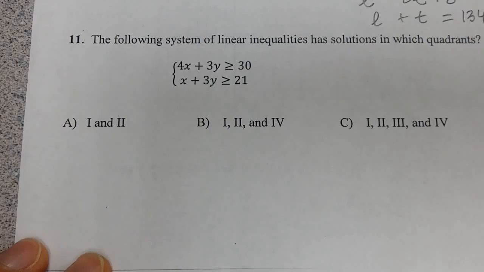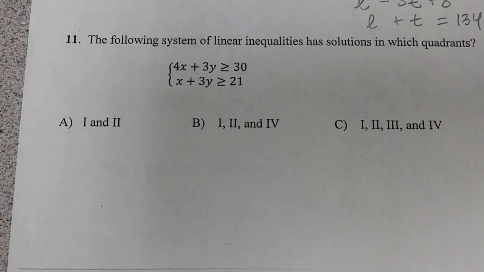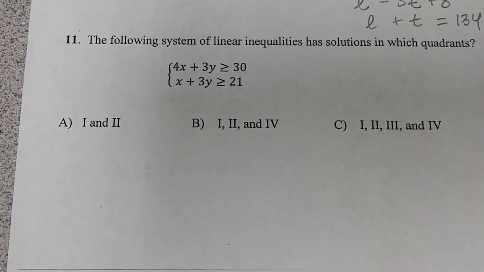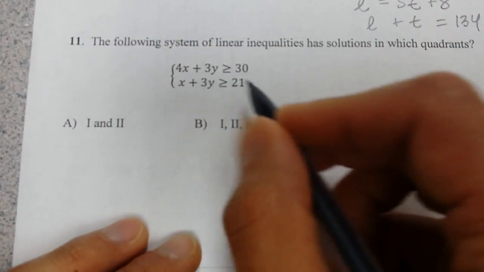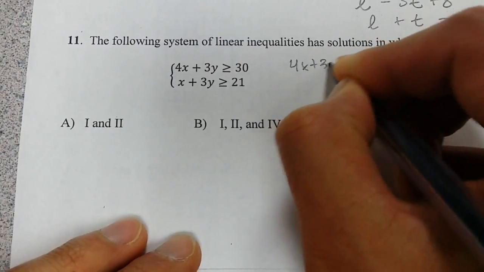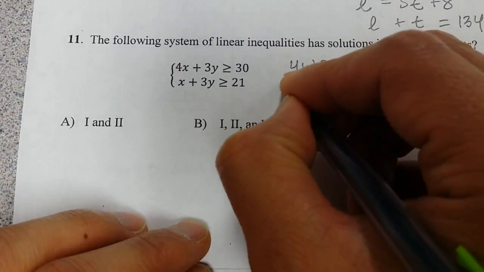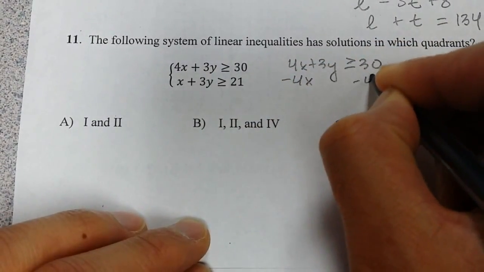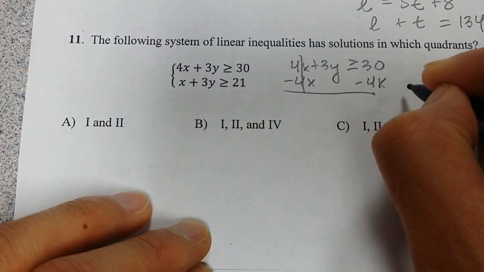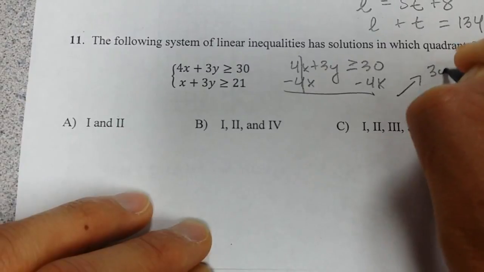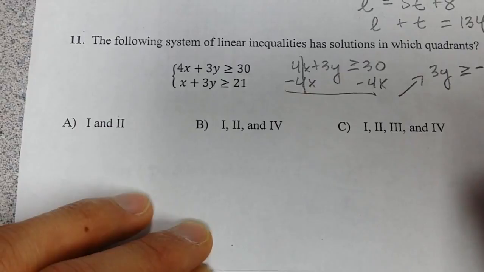All right, for number 11, the first thing you should do is solve for y. Get it into the slope-intercept form. So I take this equation first, 4x plus 3y greater or equal to 30. To solve for y, I'll subtract 4x from both sides. 4x cancels out. What I'll get is 3y greater or equal to negative 4x plus 30.